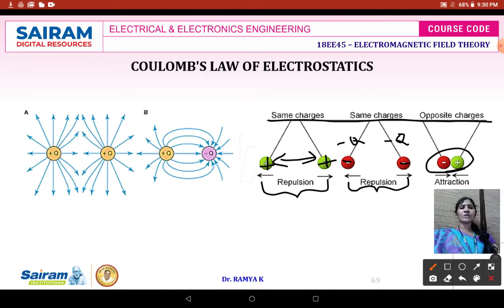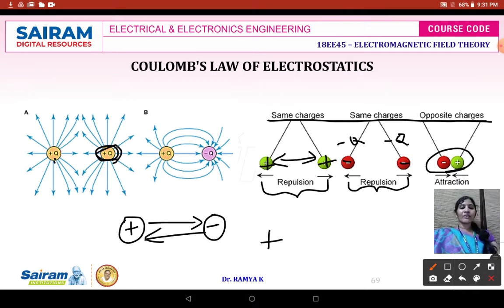Next, under Coulomb's law of electrostatics, here you can see it is positive q and this is also positive q. This particular charge will experience one particular force, and this charge will also experience one particular force. Suppose you have plus and here you have minus, these two forces will get attracted towards each other, since they are unlike poles.